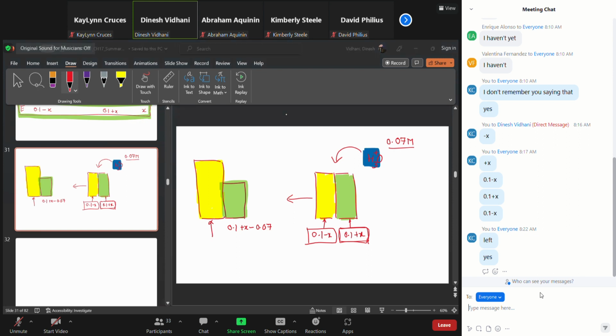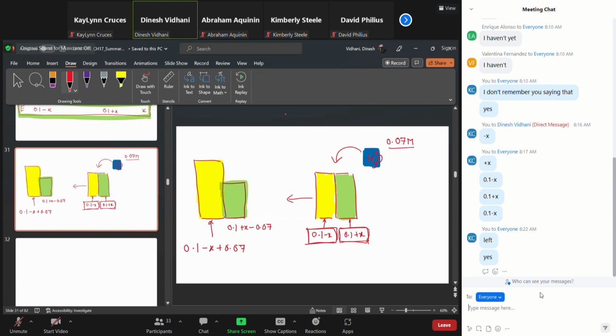Awesome. Very good, Roberto. So this amount initially was 0.1 minus X. Now it's going to increase, right? Because you're making it. So 0.1 minus X plus 0.07. This is what we have at equilibrium.